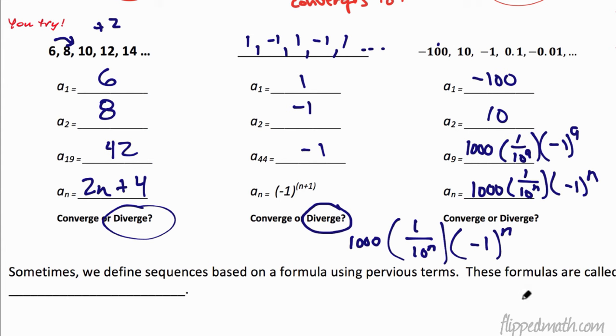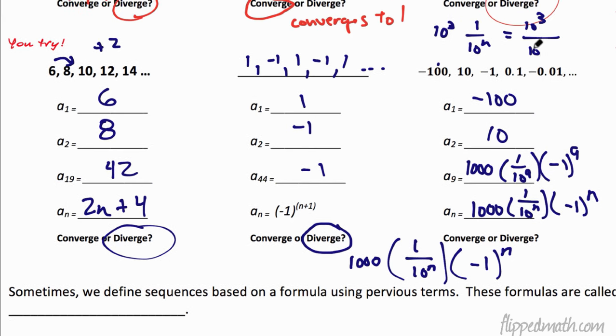Now, let me show you one way that we can write this. I'm going to do this up here. I'm going to show you how we can change this a little bit. That first term, 1,000, we can see as 10 to the third, and so 10 to the third times this fraction here, which is 1 over 10 to the n. I'm going to rewrite that as 10 to the third over 10 to the n.